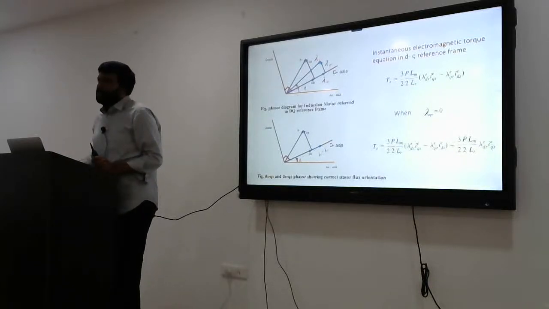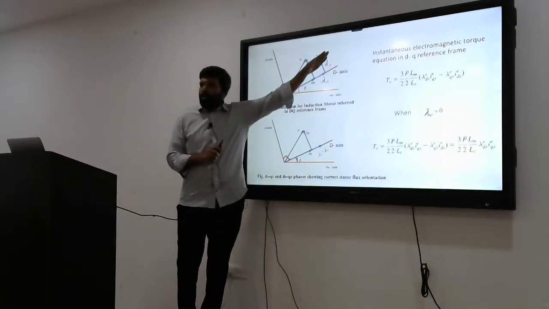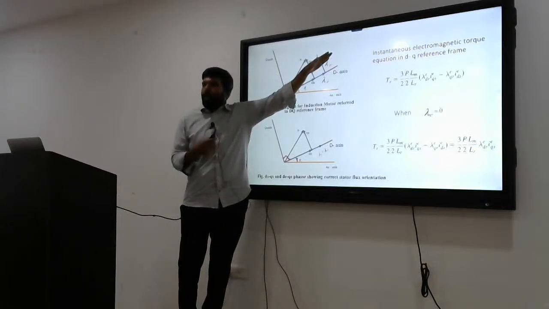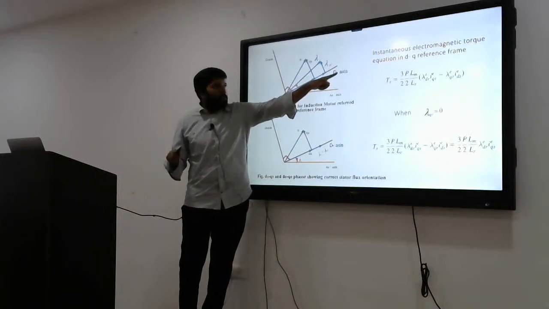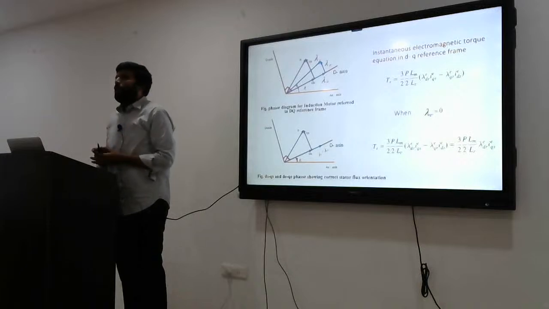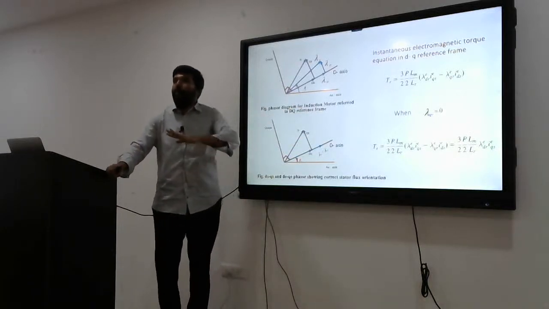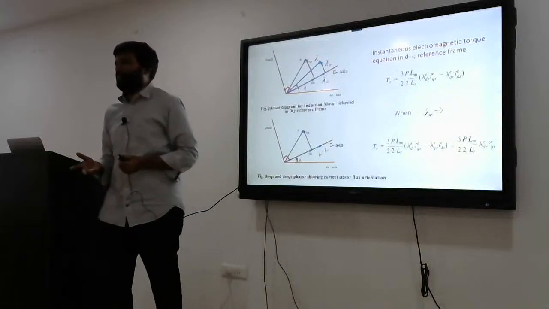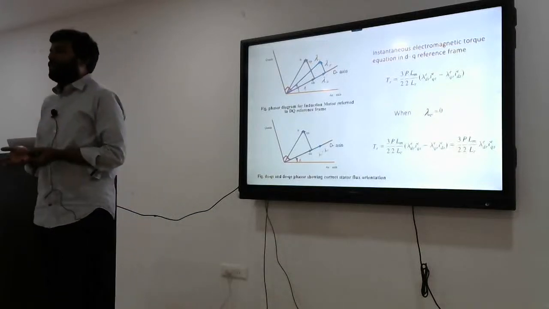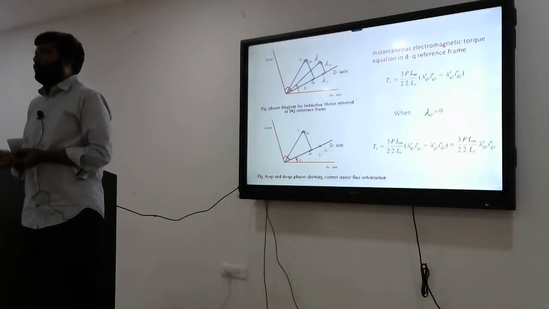How do they maintain it? First, they sense the position of the actual flux. Once you know it, if you rotate the D axis by the same angle, automatically lambda QR is 0. This is the phasor diagram after orientation. That's why this method is called field orientation control.